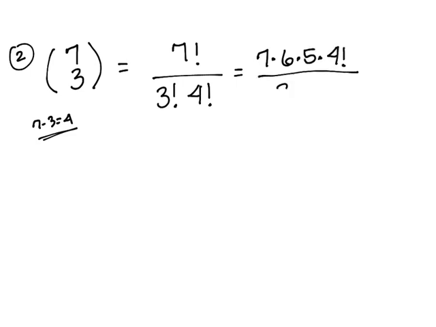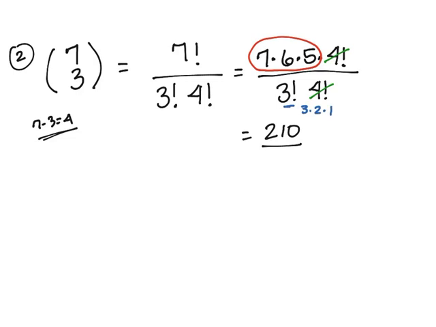I'm going to stop at 4 because 4 is bigger than the 3, and I can allow them to cancel. So you multiply 7 times 6 times 5, and that gives us 210. And this is what I was saying earlier: this is not just 3, this is 3 times 2 times 1. That's actually 3 factorial, so you're dividing by 6. 210 divided by 6 gives us 35.